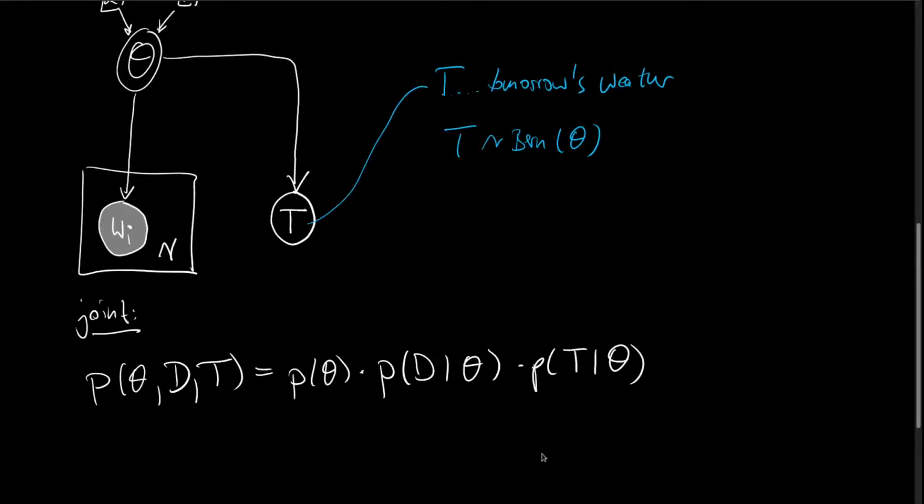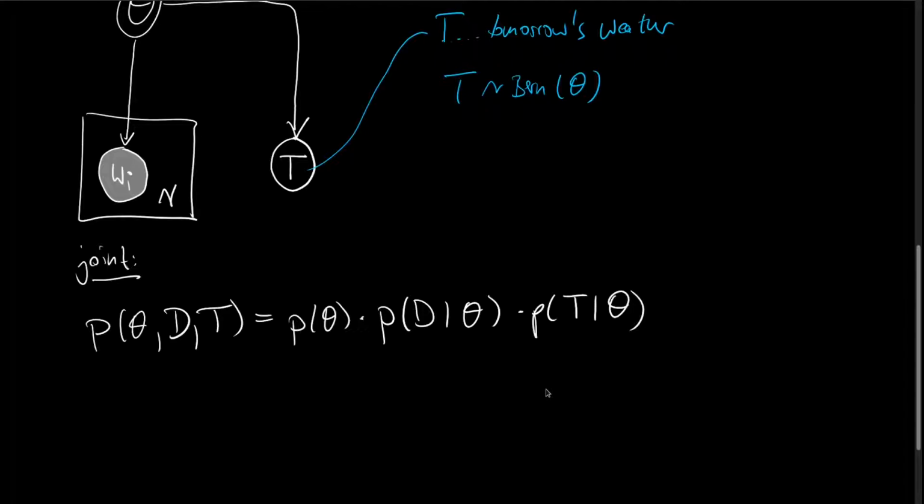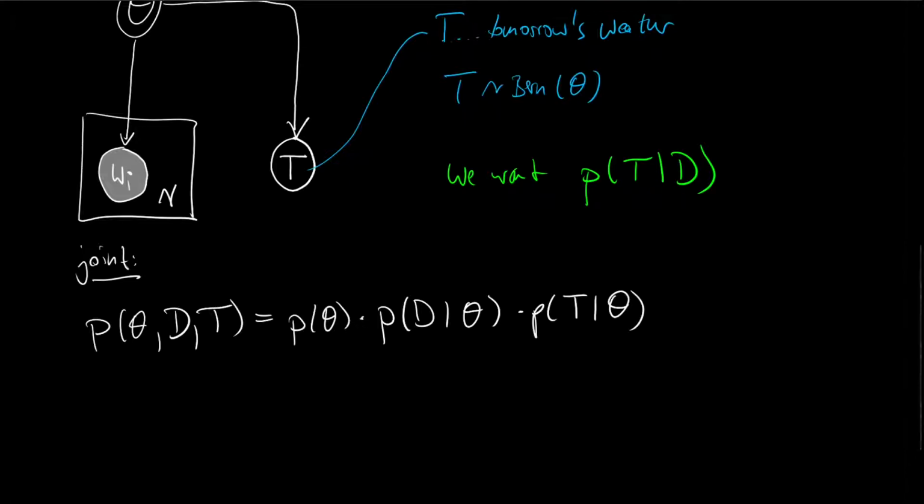Okay, and now let us go on. Actually what we want, maybe to write this down to make this clear, is p of t given d. So we want a probability of t based on our observations of the dataset. So maybe we have to do some manipulations here.